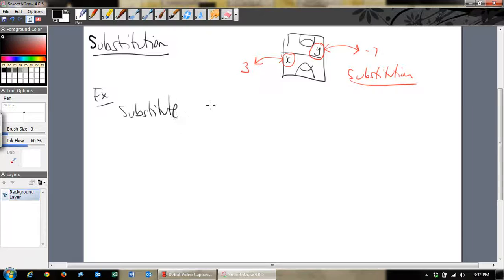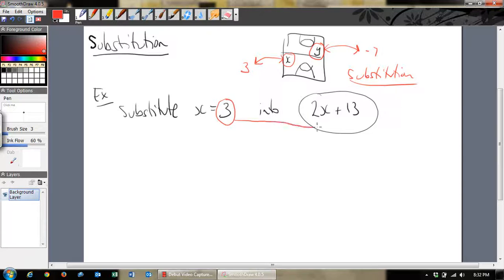So something might be: substitute x equals 3, because we did it up there, into 2x plus 13. Okay, so what we're doing is we're looking at this expression here, and instead of writing x, we're writing 3. So we're substituting in x equals 3.